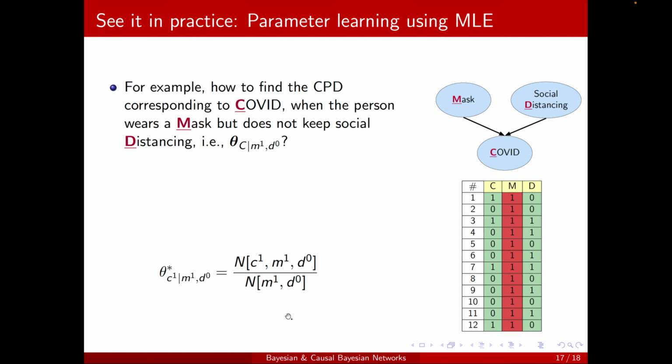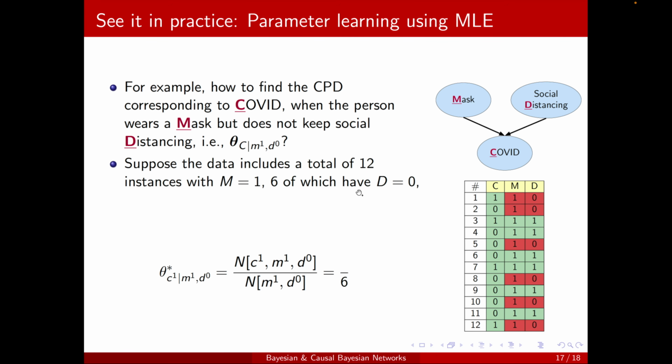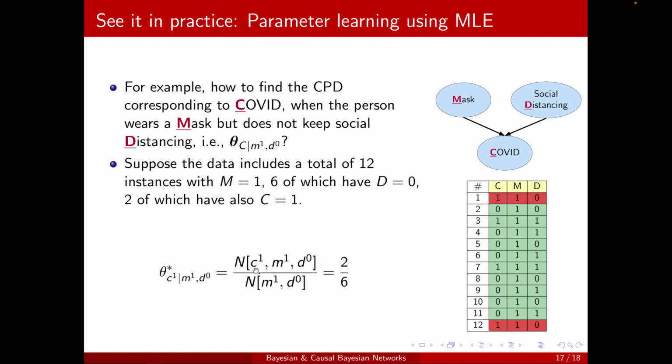But out of these, now using the formula, I just need to count. So we have these 12, 6 of which have D equal to 0. So I already know my denominator. And how many also have C1? Well, there are just 2 of them. So the number is 2 divided by 6, which is 0.33, and that's it.